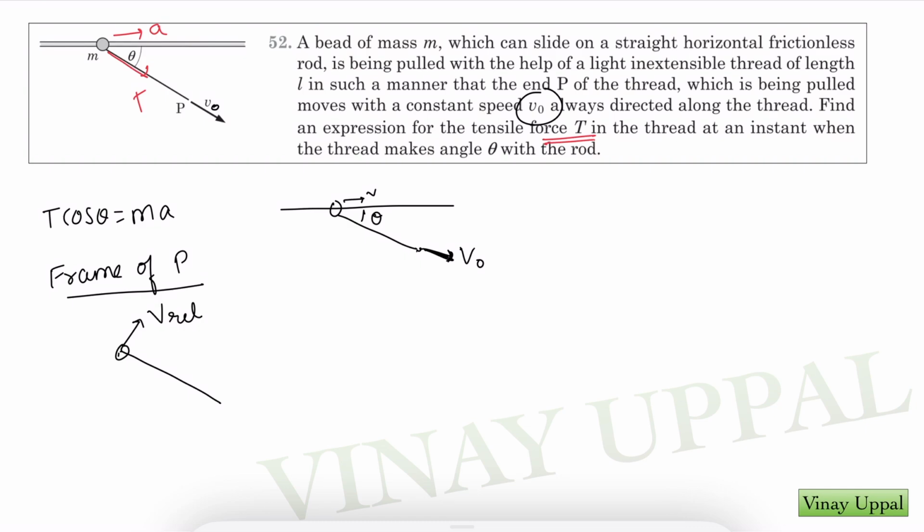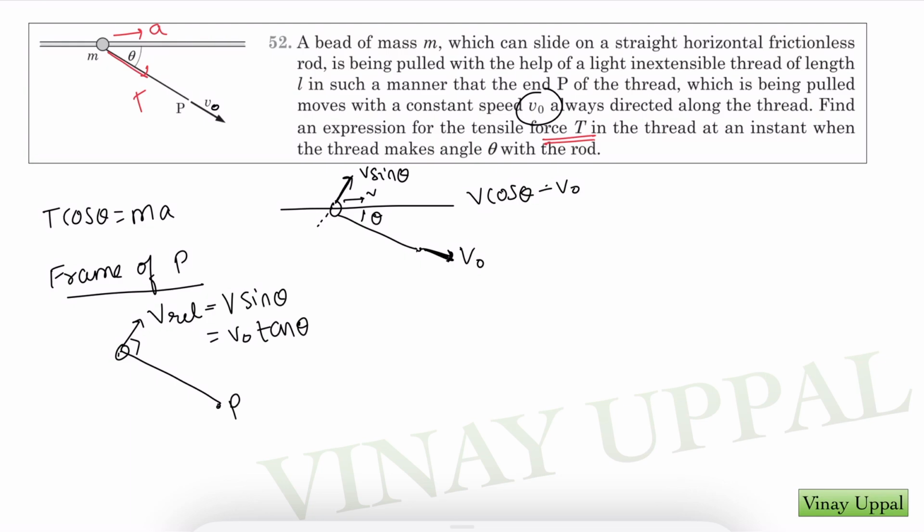That is the constraint equation. So the only velocity component that will remain in the frame of point P would be v sin theta, the component perpendicular to the string, and that will be v relative. Now I want to express it in terms of v0, so I can just use the constraint equation that v cos theta is v0. So v is v0 by cos theta, so this will become v0 tan theta. So v relative is v0 tan theta.